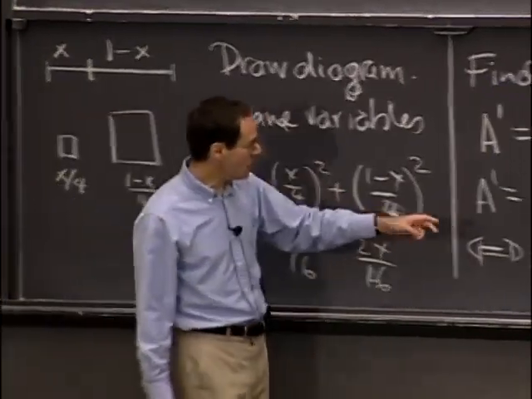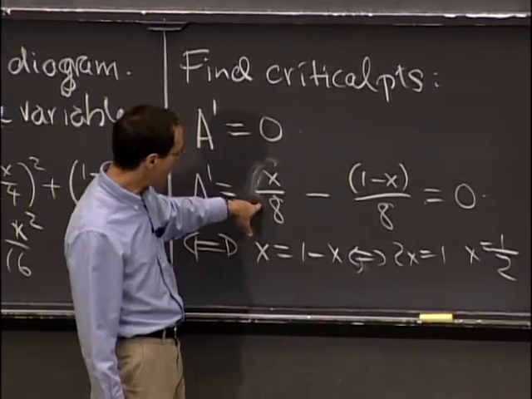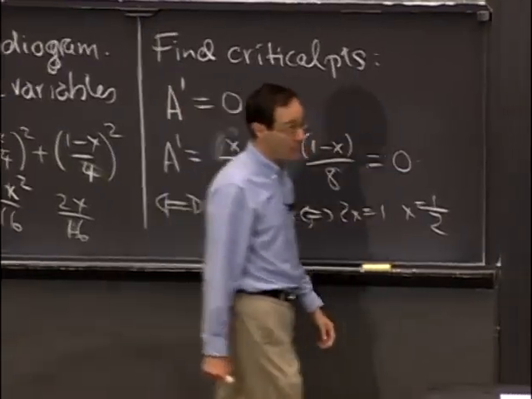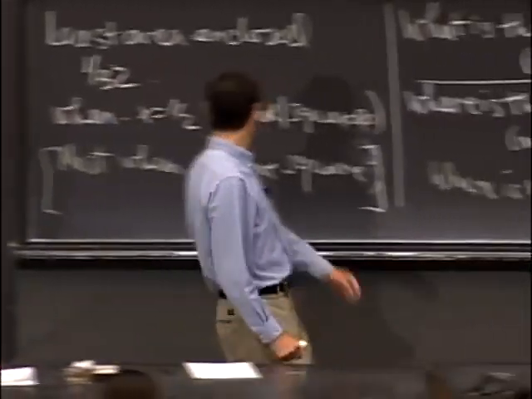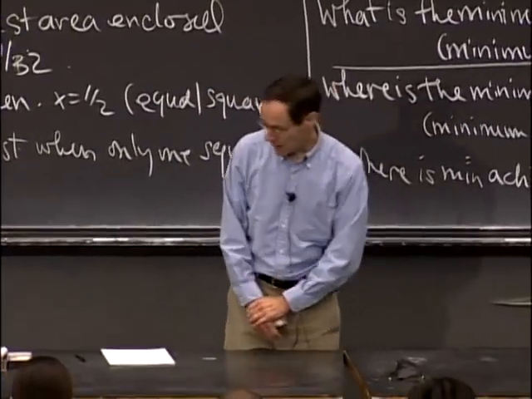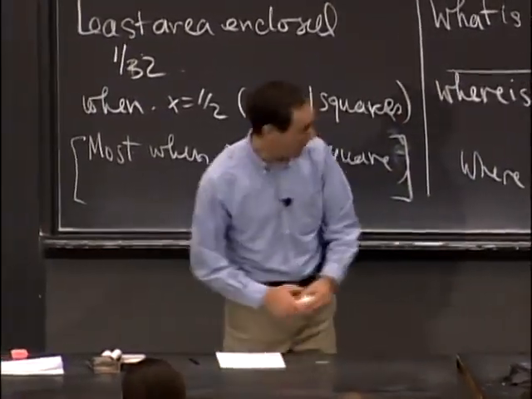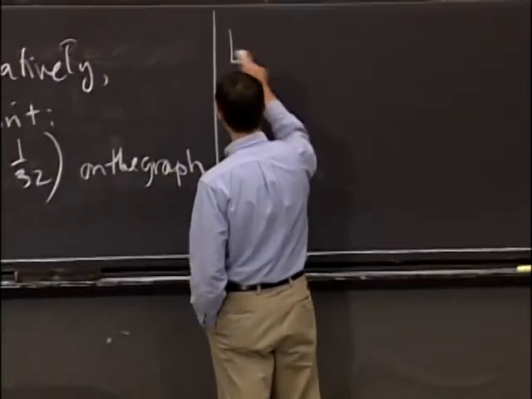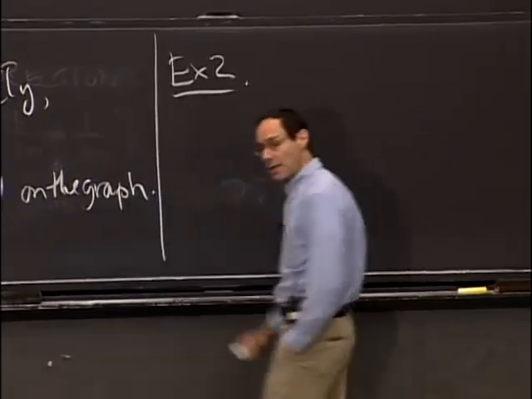So you can differentiate this twice. If you do, you'll get an eighth plus another eighth, and you'll get a 16th. So the second derivative is 1/4. And that's an acceptable way of figuring it out. I'll mention the second derivative test again in this second example. So let me talk about a second example.